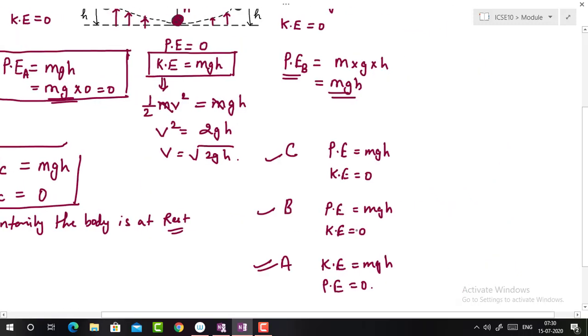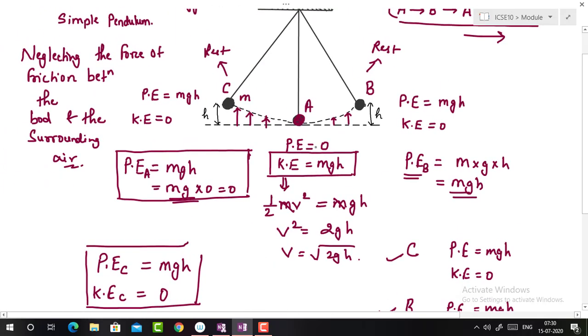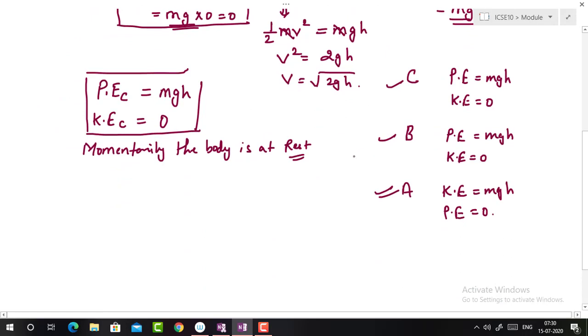If we talk about the region between A and B, in these regions there is some potential energy and there is some kinetic energy also. Similar is the case for positions between A and C. There is some kinetic energy and some potential energy, as the bob is in motion as well as at a certain height.